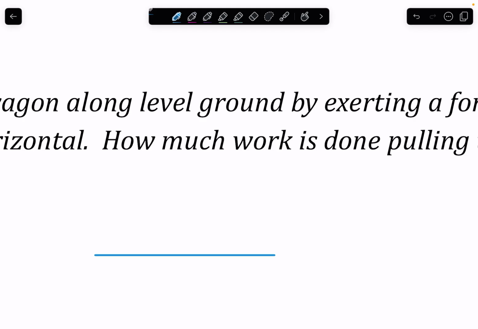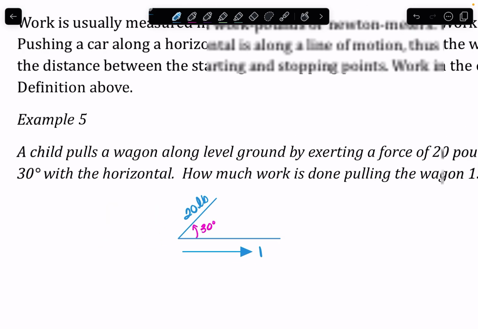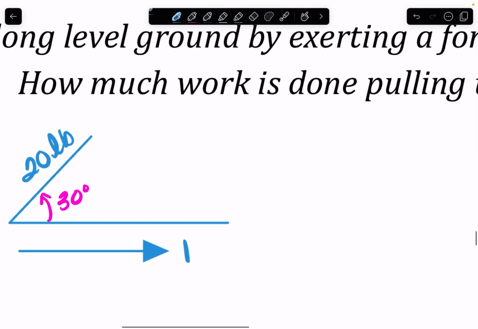The handle of the wagon is coming up like this, making this 30-degree angle with the horizontal. The child is pulling the wagon, so he's moving this way, applying 20 pounds of force, and he's moving this way for 150 feet.